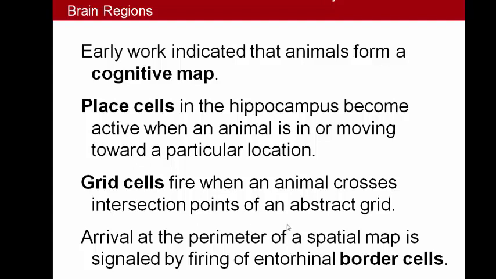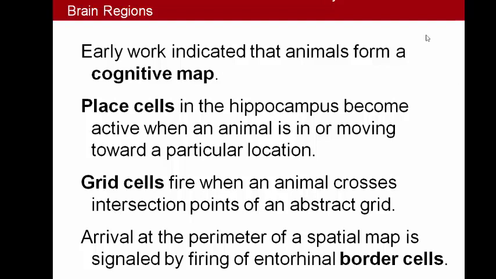It's like your brain is constantly updating the map. It's like you have a GPS in your brain, and so whenever you come to a particular intersection where you could go right, you could go left, you could go straight, you could go back, these cells are firing, adding that information to your cognitive map. You also have cells that are firing when you reach the border of a certain room, a certain maze, or whatever the case may be. And so your brain is able to put all this information together to form this mental representation.